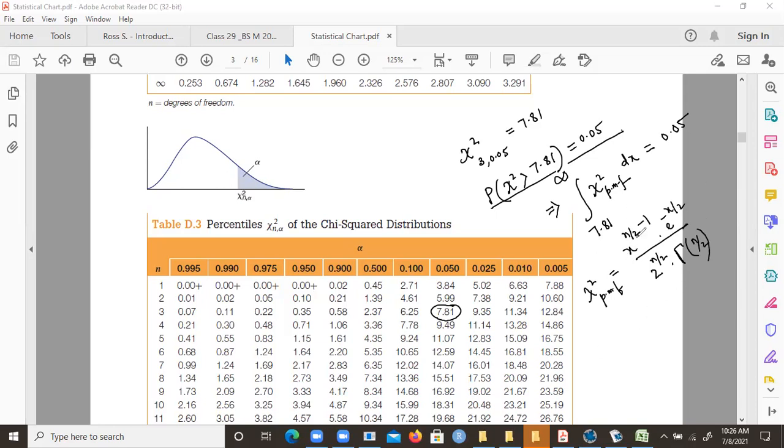So in other words, you are going to integrate this particular function from 7.81 to infinity, and then you are going to get the probability. Now this integration cannot be done analytically. For this, you need to take the help of numerical integration.